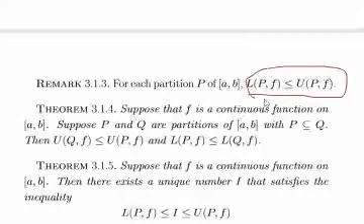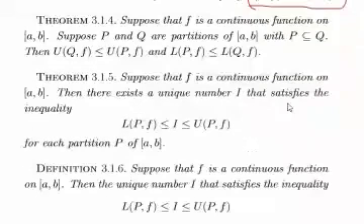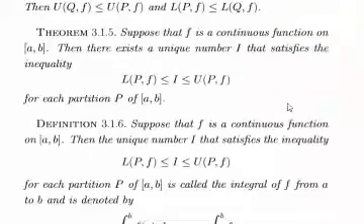So let's read this theorem here. Suppose that f is continuous on this interval AB, right? Then there exists a unique number I that satisfies this inequality here for each partition of AB.